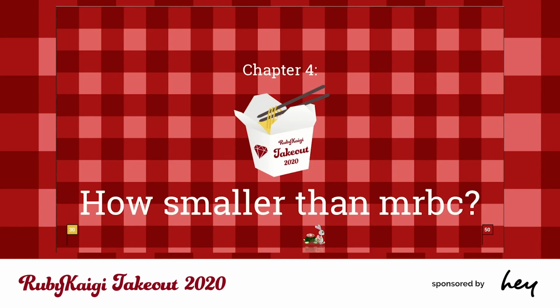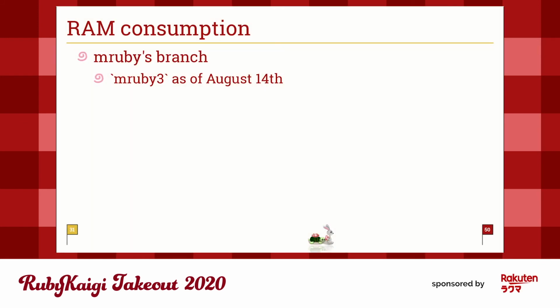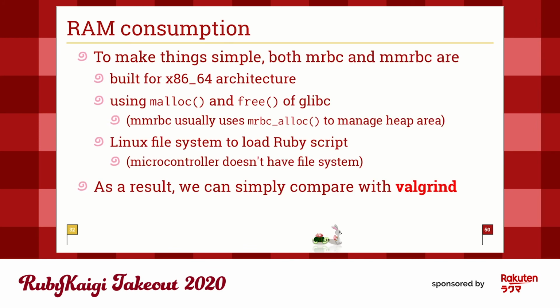The final chapter: how much smaller is mmrbc. The only thing I have to realize is a small footprint in terms of RAM and ROM. Now is the time to compare. First, we are going to check RAM consumption. In this chapter, I use the mrbc of mruby to compare with mmrbc, which I wrote. To make the comparison simple and easy, I built mrbc and mmrbc as binaries for 64-bit Linux.